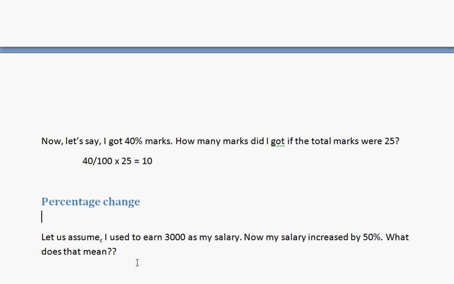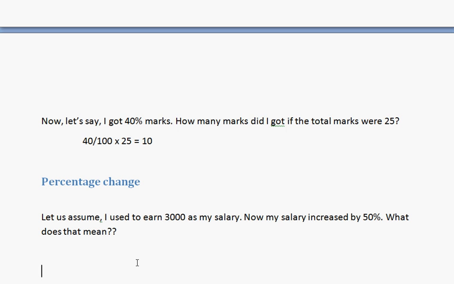Now let's go to another concept, which is percentage change, right? Now what is percentage change? I'll explain it with an example. For example, let us assume that I used to earn 3000 rupees as my salary. Now my salary increases by 50%. What does it mean?